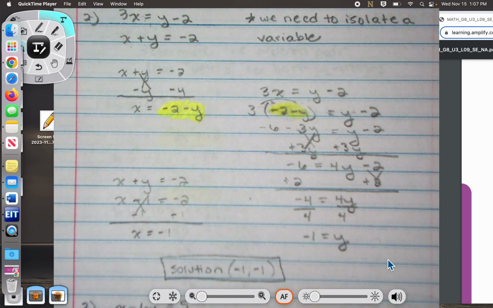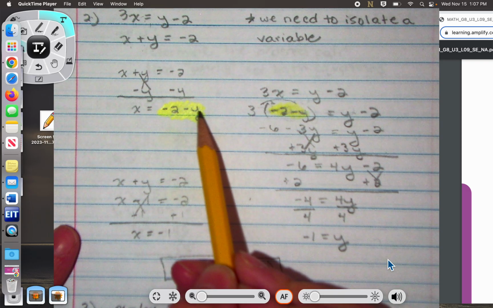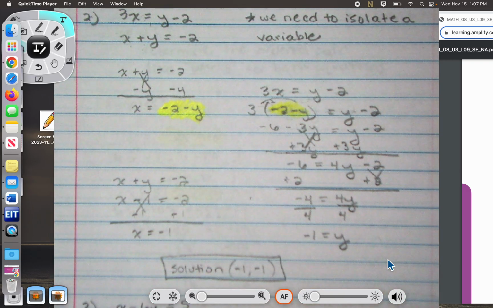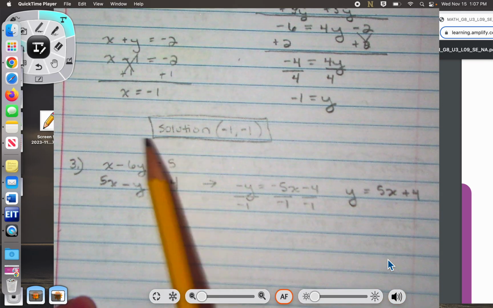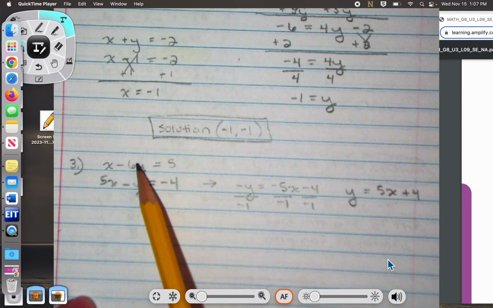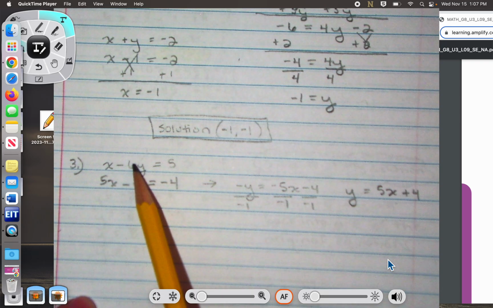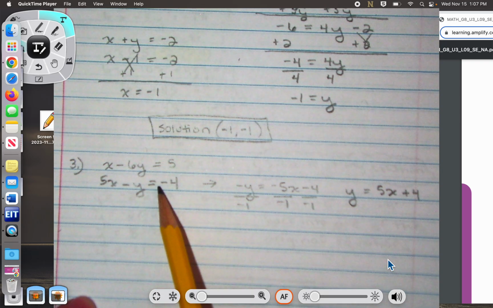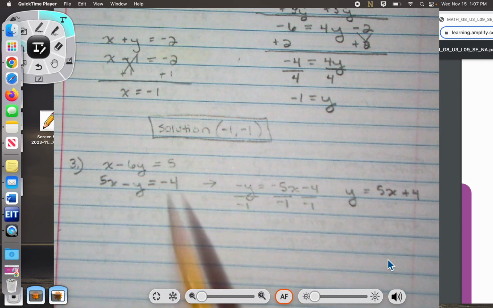It's just going to be infinite, right? That's what was happening, -2 equals -2. So whichever one you rearrange, you have to put it into the opposite. So because I rearranged this one, I have to put this into the first equation. And if you rearrange the first one, you have to put it into the second one. Otherwise, you're going to end up with infinite solutions. And that's not what we're going for.